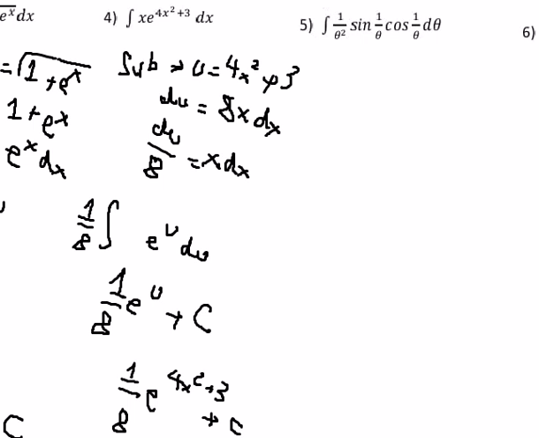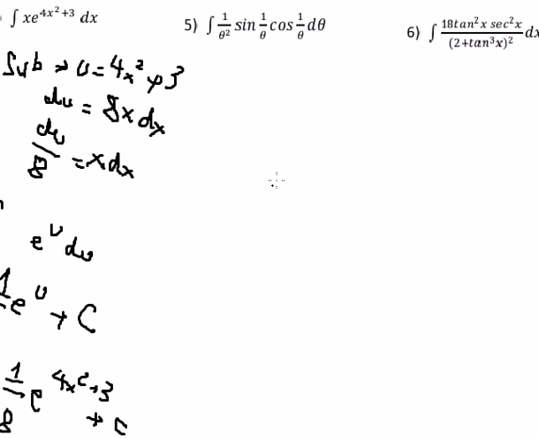Question number 5. We use substitution. So we put u equal to 1 over theta. So you get du equal to negative d theta over theta squared.